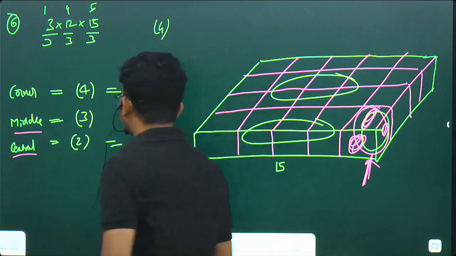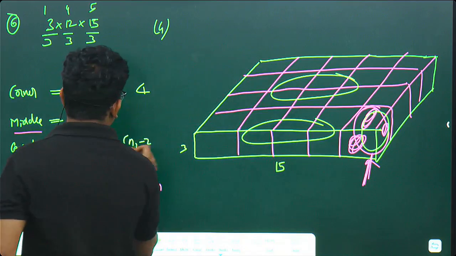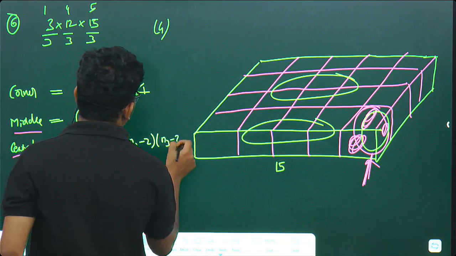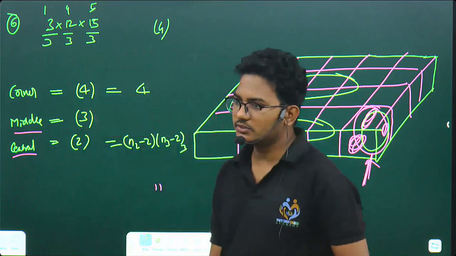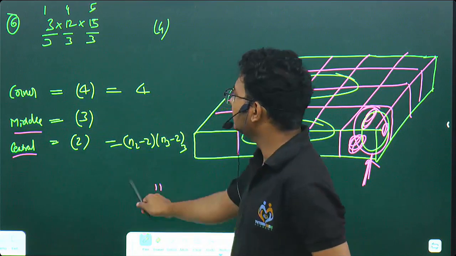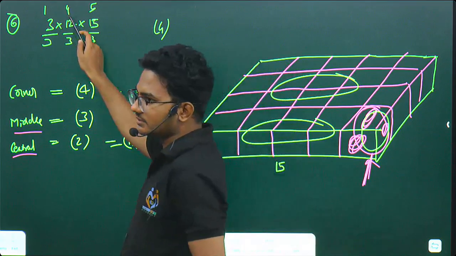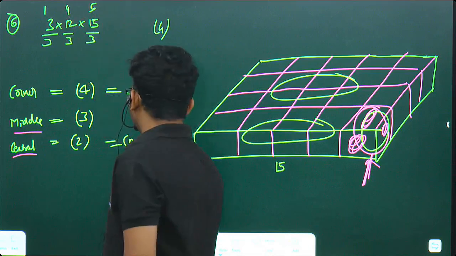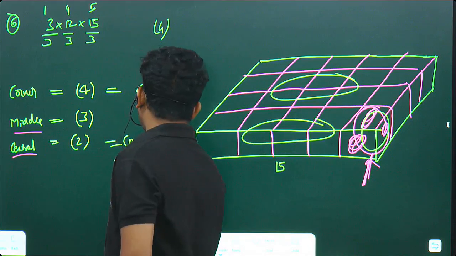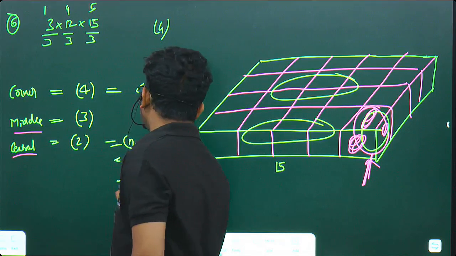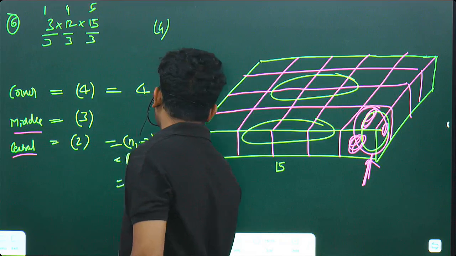Here, the formula for central is (n2 minus 2) into (n3 minus 2). By using this formula, you can solve this. 4 minus 2 into 5 minus 2, which is 2 into 3. You will get 6 here.